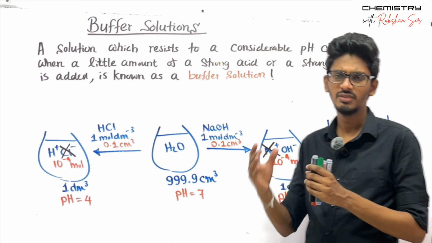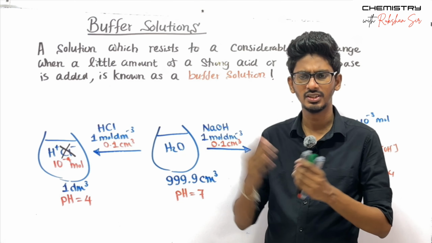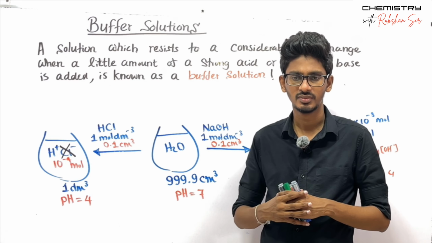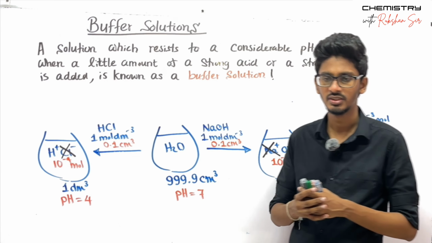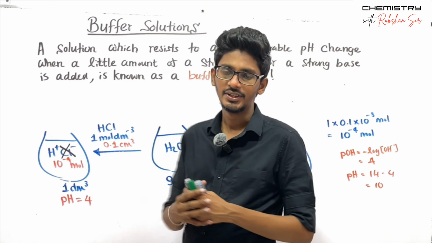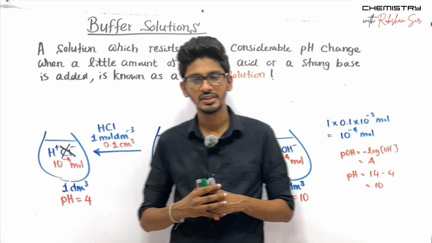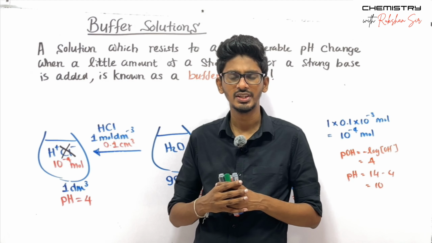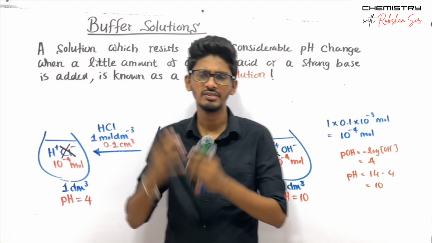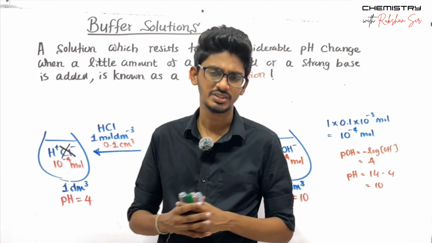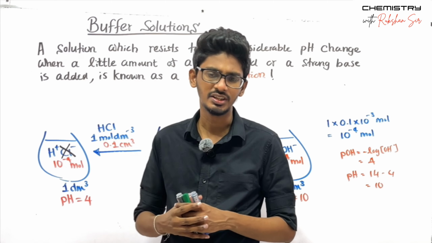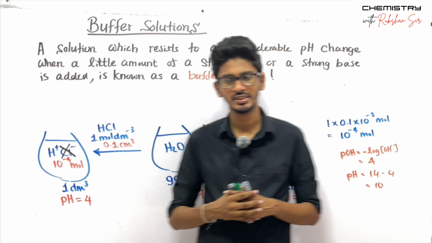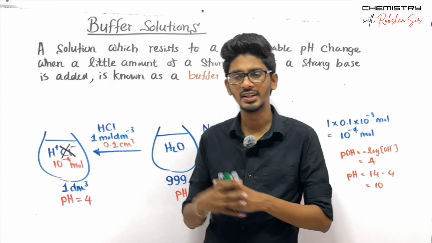Actually, you can observe a pH change only from the second decimal. So if you are starting with pH 7, addition of a little bit of a strong base will ultimately lead you to a 7.02, 7.05 kind of a pH. It's a very little increase, maybe coming up in the second decimal.